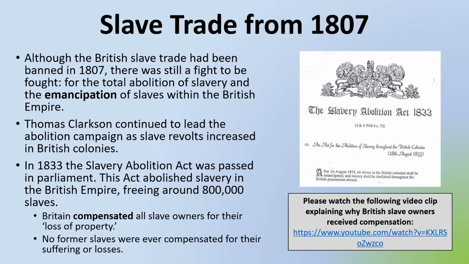So by 1833, slavery is no longer allowed within the British Empire. Your slaves are freed. Now, obviously, Britain had to provide some type of compensation. And again, compensation is when you are given something. So they compensate slave owners for their, quote, loss of property.